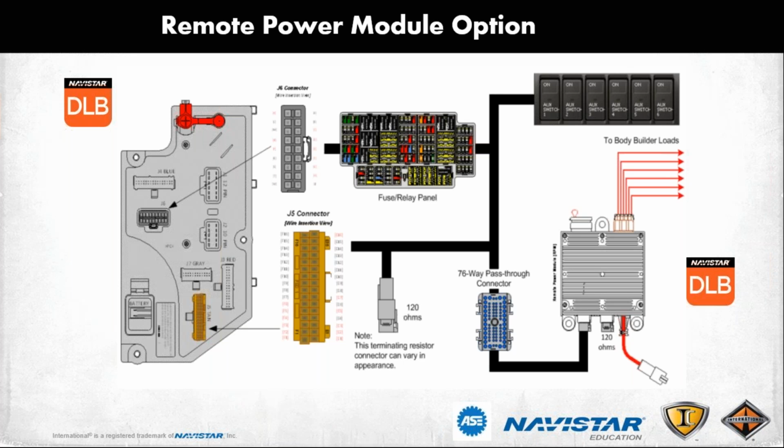The left-hand connector on the RPM has a little loop or jumper in it here. This will identify on that bodybuilder Datalink where there's RPM 1, 2, 3, 4, 5, 6 by the position of that jumper. This is a black connector. We also use it other than address identification. We will use it for inputs. So if you're running a PTO, you would run a PTO feedback switch here.